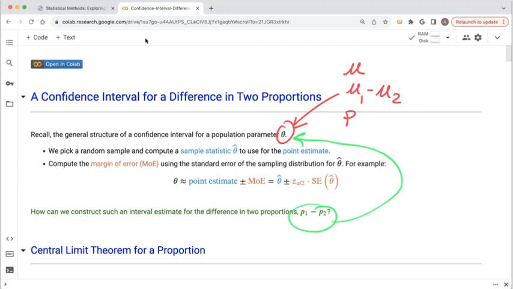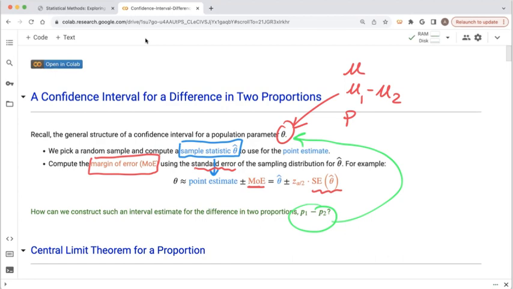Whatever the population parameter that we want to estimate is, we start by picking a random sample, and from that sample, we compute a sample statistic that would be reasonable to use as a point estimate for that parameter. Then we calculate the margin of error, since we want to account for the variability in the sample statistics. We construct the margin of error based on the standard error of a sampling distribution for the estimator theta hat.